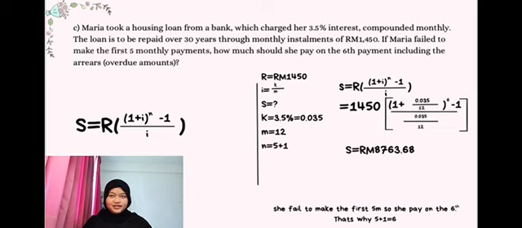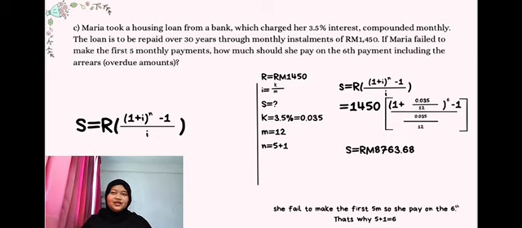So, the last question is C. Maria took a housing loan from a bank which charged her 3.5% interest, compounded monthly. The loan is to be repaid over 30 years through monthly installments of 1,450 ringgit. If Maria failed to make the first 5 monthly payments, how much should she pay on the 6th payment including the arrears?